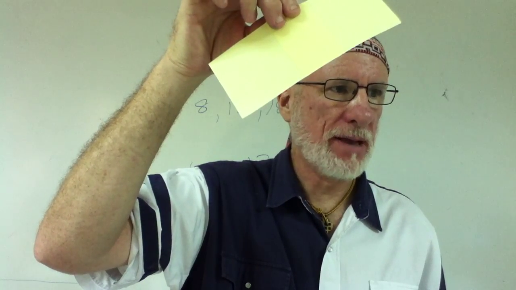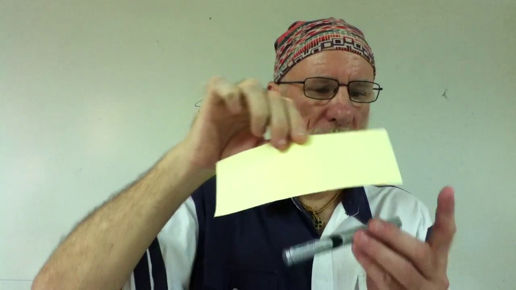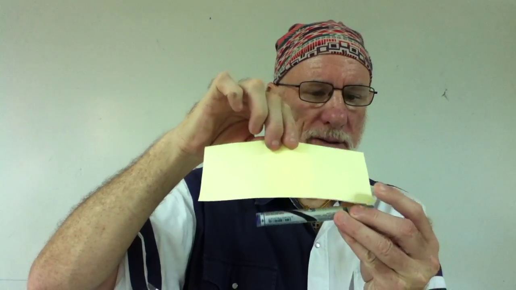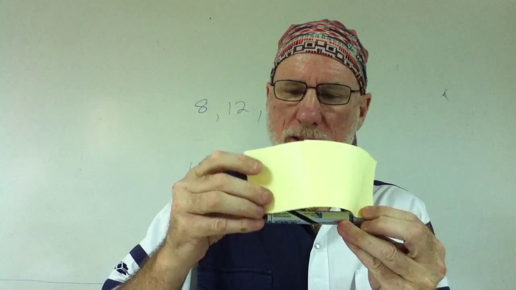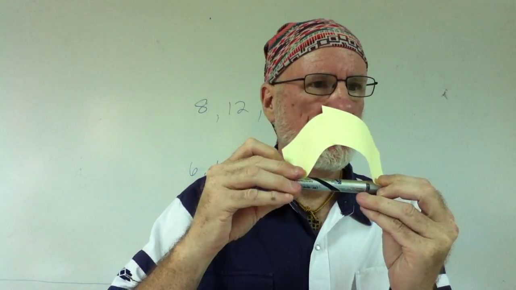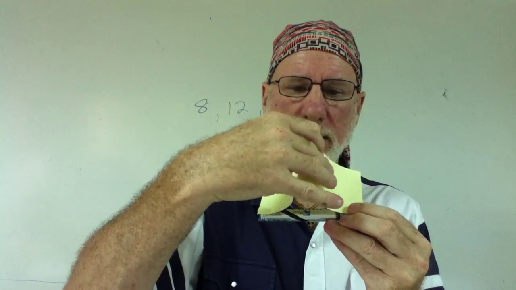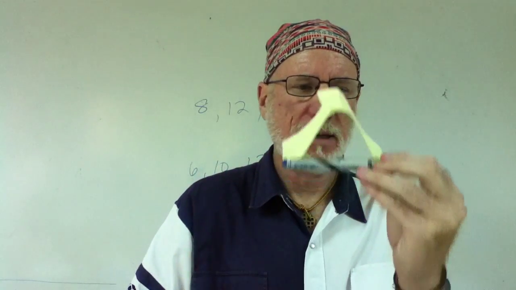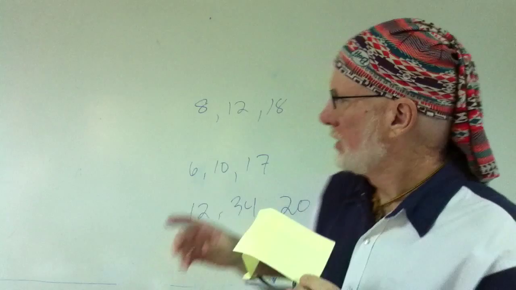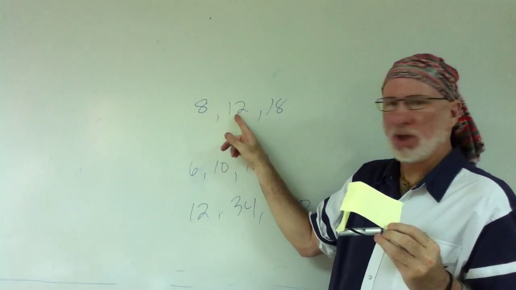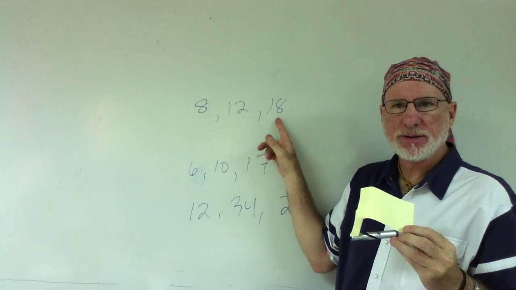Now remember, both have to be on here, right? That's the side, and that's the side. Can I form a triangle? Yes, I can. See that? That's a triangle. So, are these two sides longer or shorter than this?